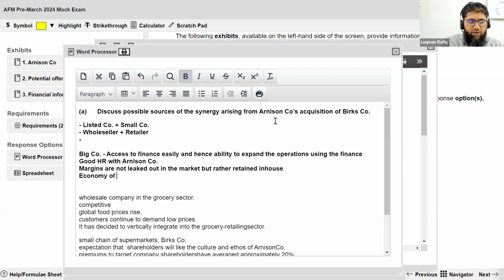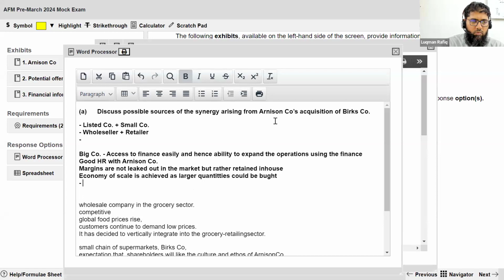The economy of scale is achieved as larger quantities could be bought. Plus, what else is there? The cash flow situation may improve a bit as retailing is cash rich.